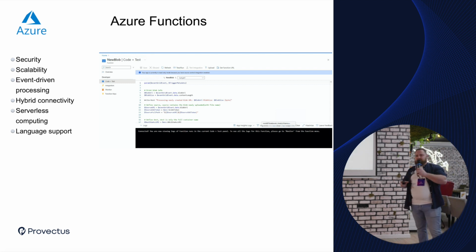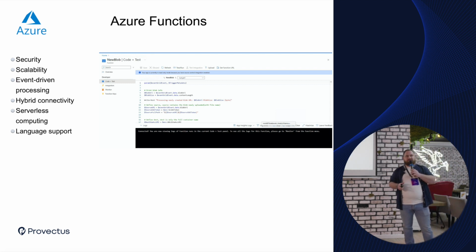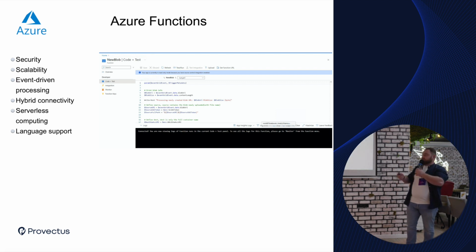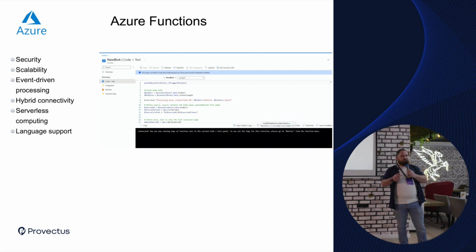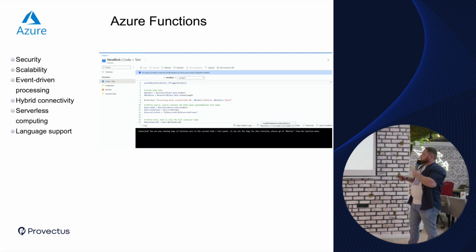It's about the security. It can be integrated with the Azure Key Vault service, where you can keep your secrets, keys, the data which you don't need to keep in the code. So without keeping it in the code, Azure Function can connect to it and then get the credentials and connect to any service that you want.